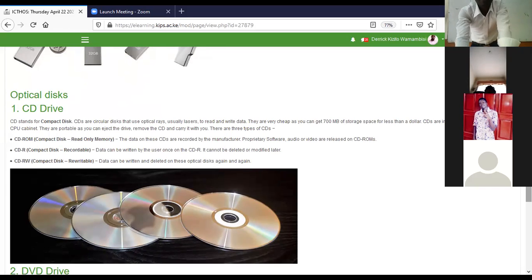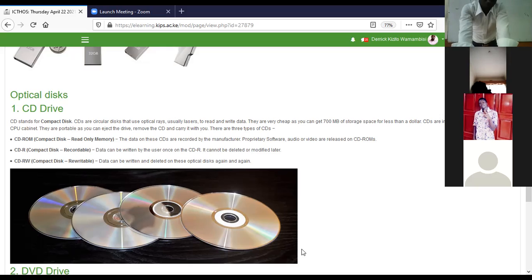So CD-R, meaning compact disk recordable, is a secondary storage device that uses optical or laser principles. It allows you to add data once. Data is written on it once. That's why it's recordable. Once you save data on a CD-R, you cannot erase it again or save other data.